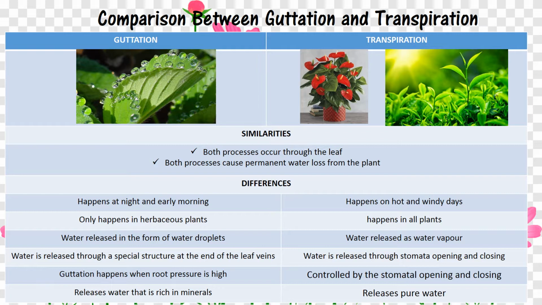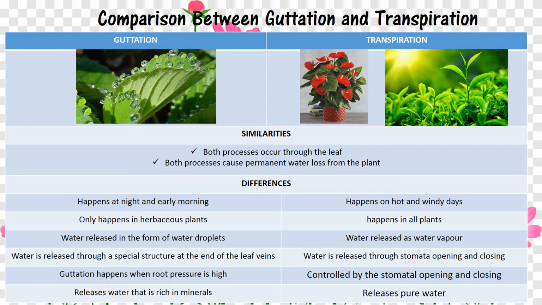The third one, for guttation, water is released in the form of water droplets. But in transpiration, the water is released as water vapor. Number 4, in guttation, water is released through a special structure at the end of the leaf vein. But in transpiration, the water is released through the stomata, by opening and closing of the stomata.